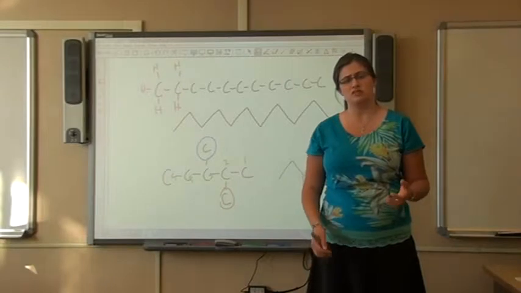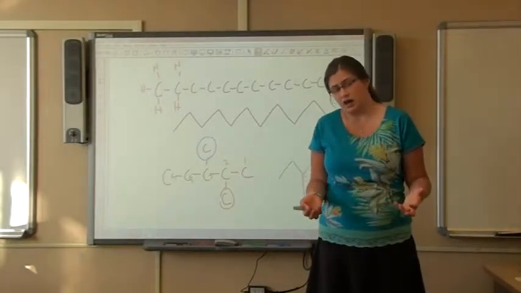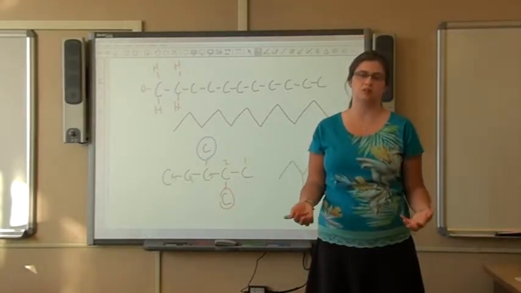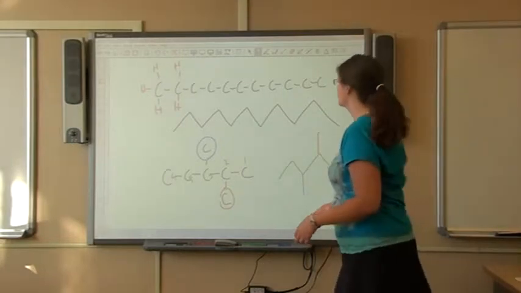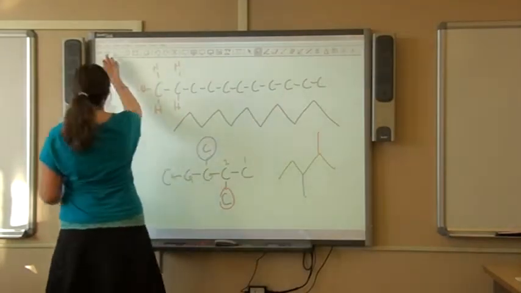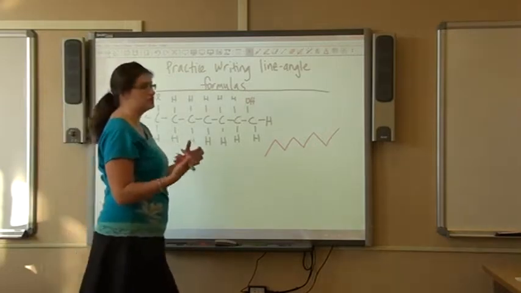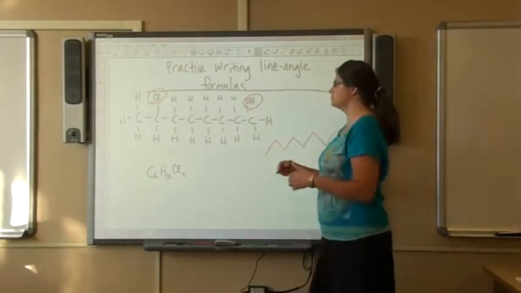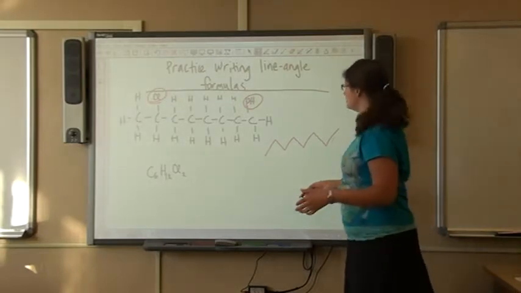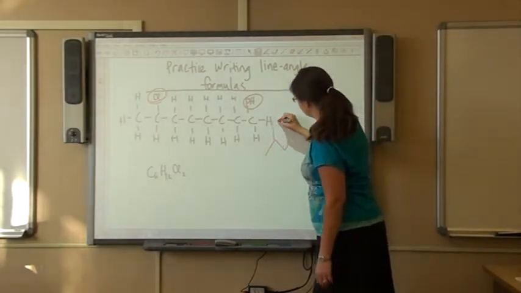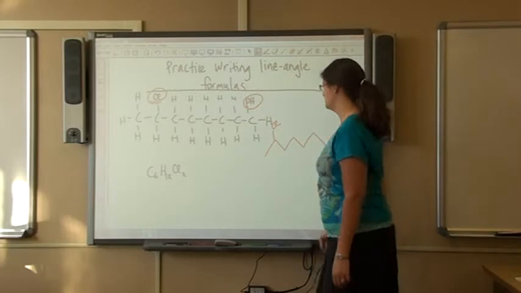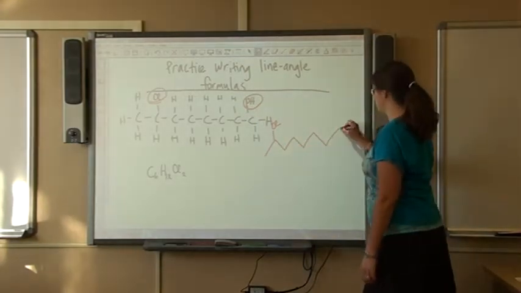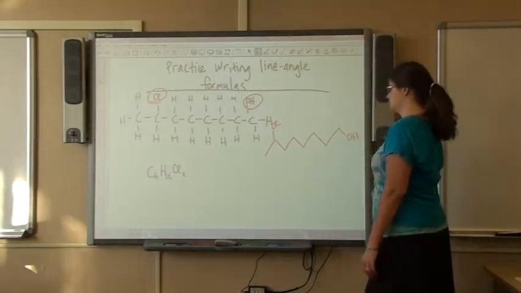So we just imply that if there's nothing else on a carbon, it has to be surrounded by hydrogens. If we have something other than hydrogen, we have to denote that. So here and here we have 2 different things on this compound. We have a chlorine on carbon 2 on that end, and then here on this last one we have OH.